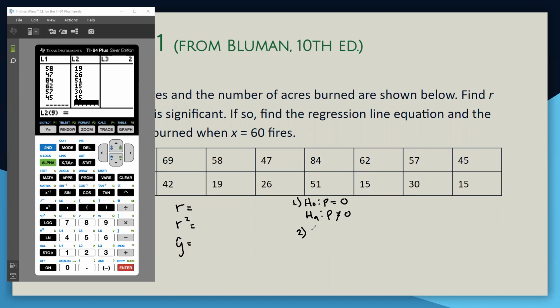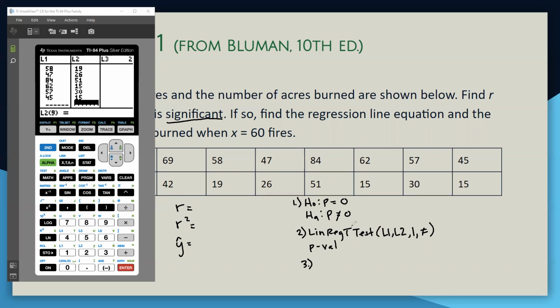To find my p-value, I'm going to run the LinRegTTest. For that function, x values go in L1, y values go in L2. My frequency is 1, and my tail is not equal to. That's going to give us our p-value, and then we'll make our decision. Then we're going to skip step 4 based on our decision. Once we make a decision, we're going to know whether that relationship is significant or not, and then we can continue with the problem if needed.